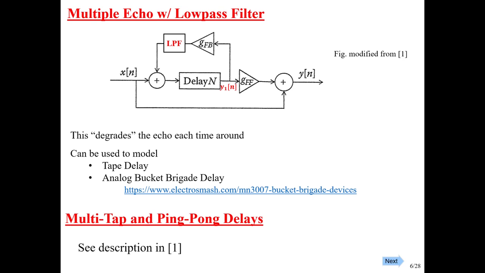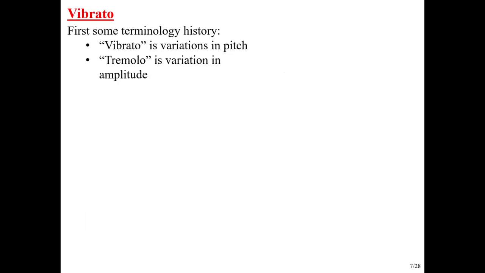We could have multiple delays here that we're tapping off of, and something called a ping pong delay. I don't really want to go into the details of those, but if you look at reference 1 from slide number 1, track that down, you can read about it. And you can also Google about those things. All right, so delay, pretty easy in concept. Getting it to work and sound right might take some doing, but the concept is pretty simple.